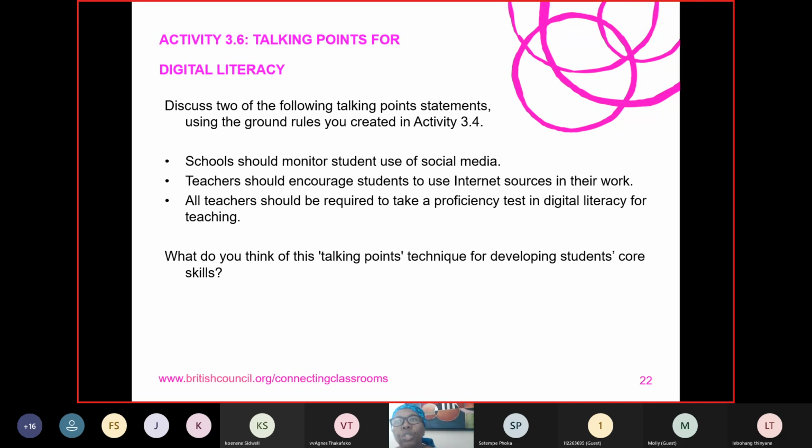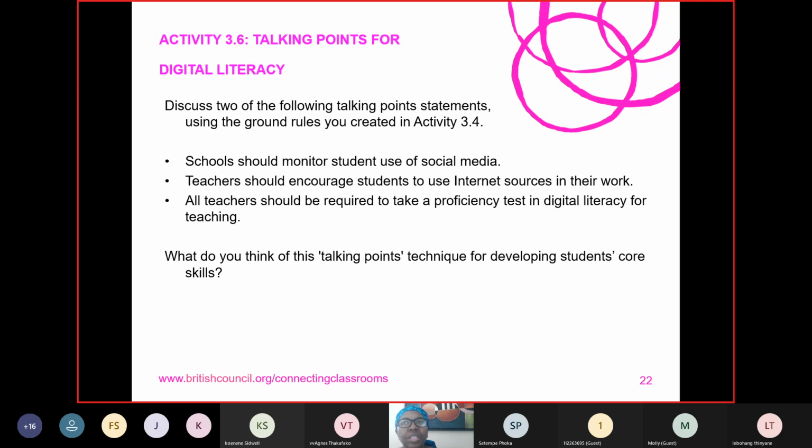One of the things when you are talking about digital literacy, you need to understand that it is at the center of communication and collaboration.